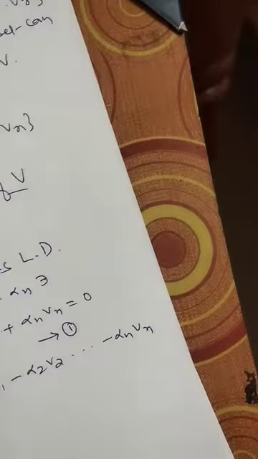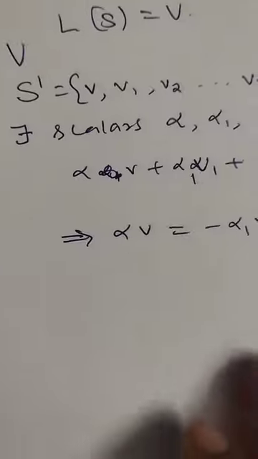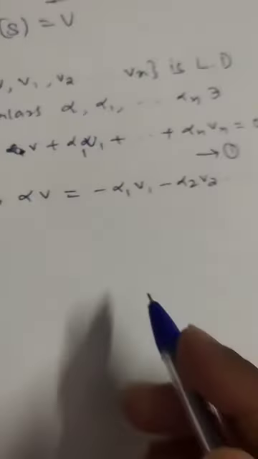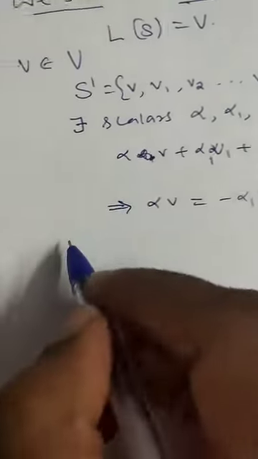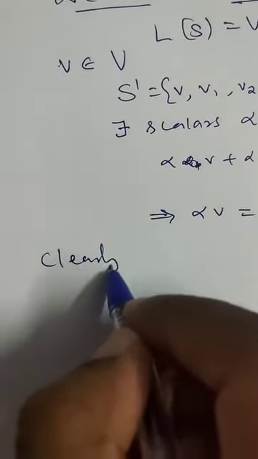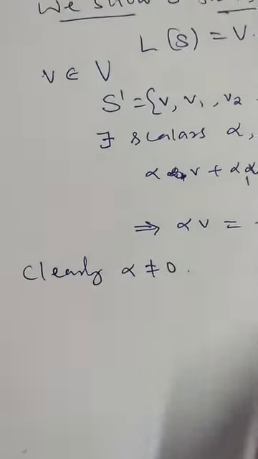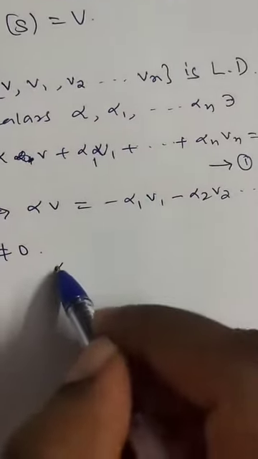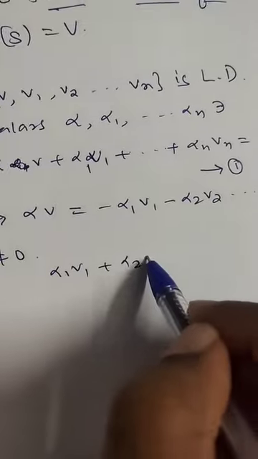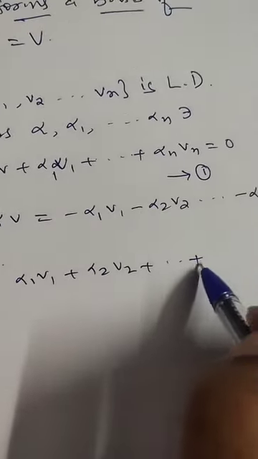Now look here. Clearly alpha is not equal to 0. If alpha is equal to 0, what will happen? Then 1 gives alpha 1 v1 plus alpha 2 v2, etc., alpha n vn is equal to 0.